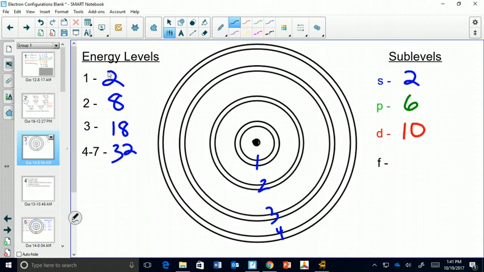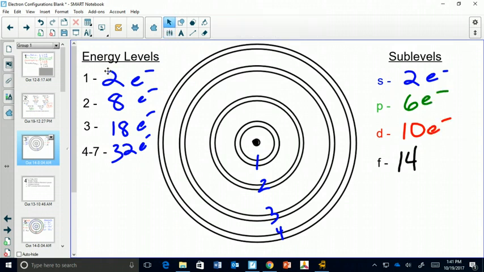And you see the pattern? I add another 4. And yes, these are all electrons. 2 electrons, 6 electrons, 10 electrons, and last but not least, 14 electrons. Almost there.